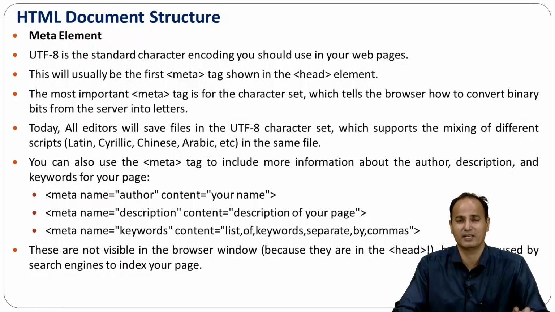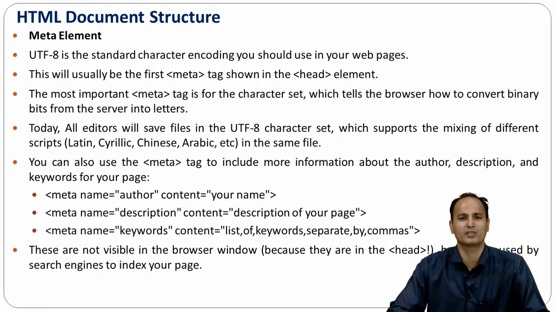Among that, the meta has one attribute in the form of charset, which specifies the value of UTF-8. It is the standard character encoding you should use in your web pages. It will usually be the first tag shown in the head element.